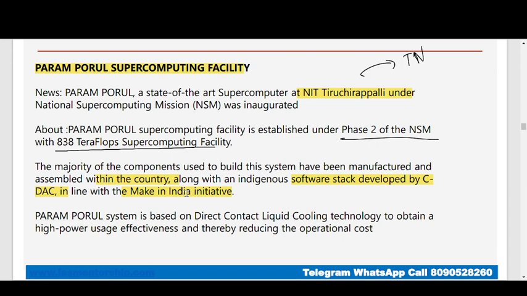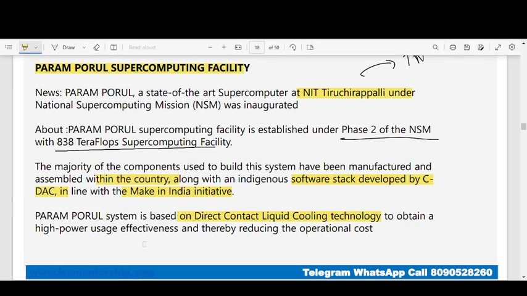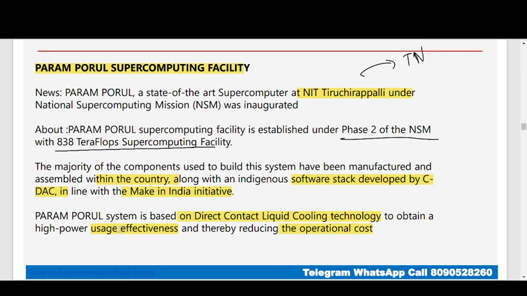And one more important thing, this facility is based on direct contact liquid cooling technology, which continuously cools the supercomputer, and when the supercomputer is cooled, its efficiency increases and its speed also increases. And if we have good effectiveness, the operation cost will reduce. You must have often seen that when your laptop or mobile phone gets hot, the working slows down. But for supercomputing, we cannot sacrifice the speed.